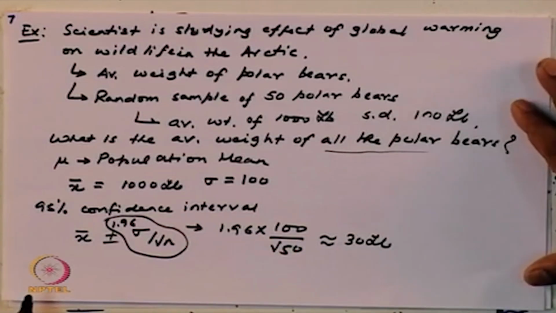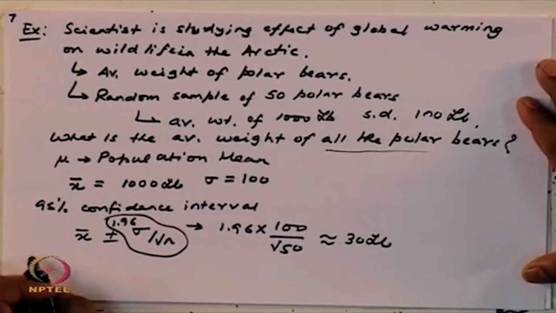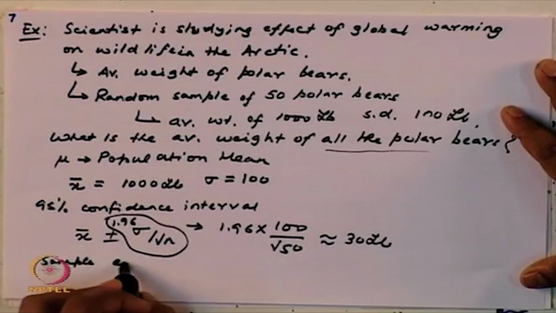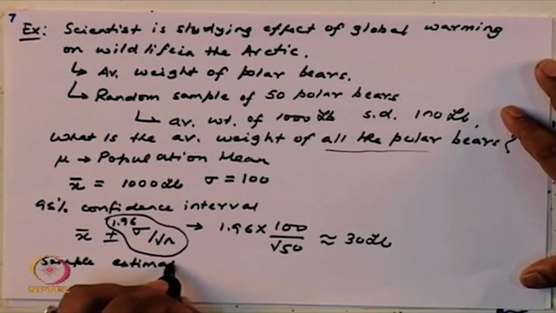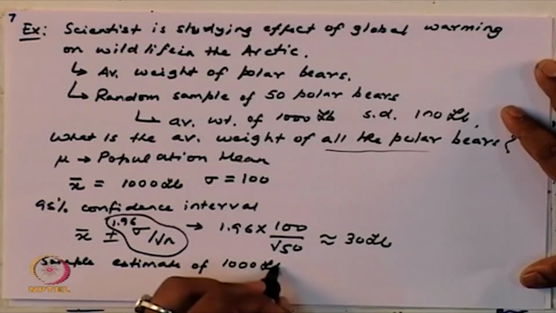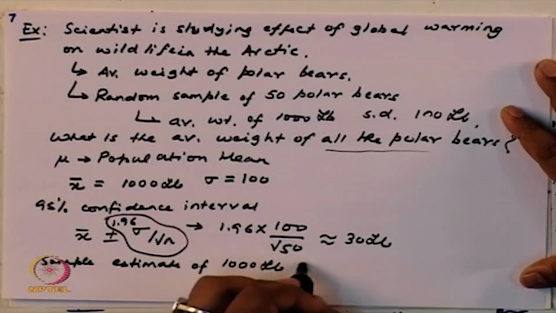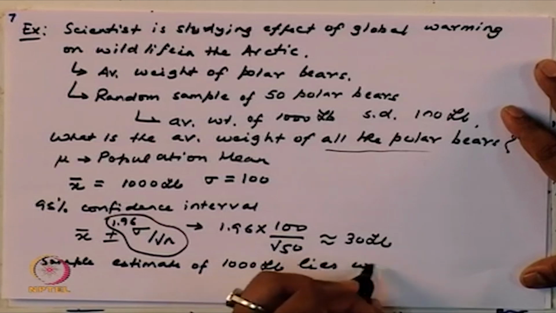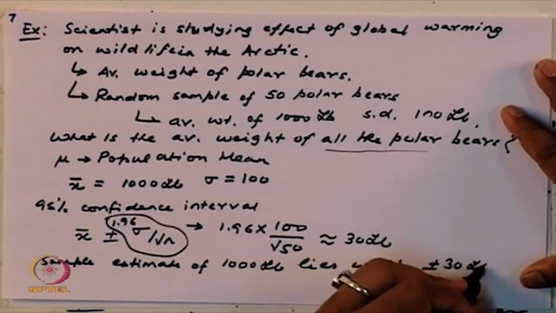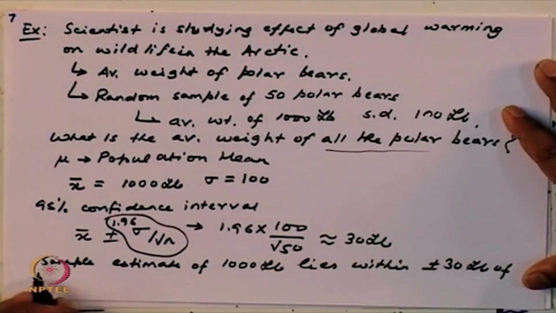So, what you can say with certainty is that the sample estimate of 1000 pounds lies within plus minus 30 pounds of the population mean.